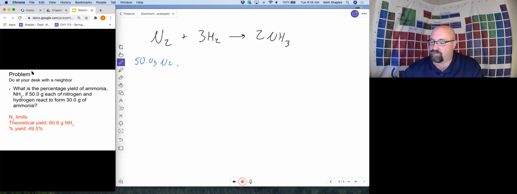So our 50 grams of N2, first we have to convert it to moles of N2. And so 1 mole of N2 for every 28.02 grams of N2. Then we use our molar ratio to convert to moles of NH3. 2 moles of NH3 to every 1 mole of N2, and then finally to grams of NH3.